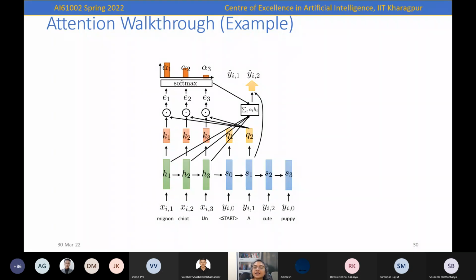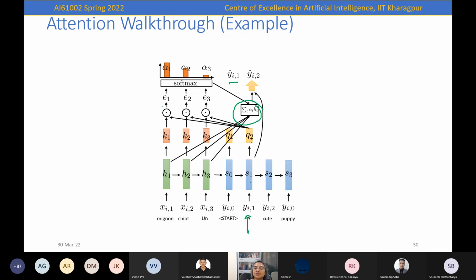Now, after the first output has been produced, this output is fed to the next hidden state of the decoder. And from S1, we get Q2. From Q2, we use the dot product on K1, K2, K3, we get E1, E2, E3, normalized to get alpha 1, alpha 2, alpha 3.